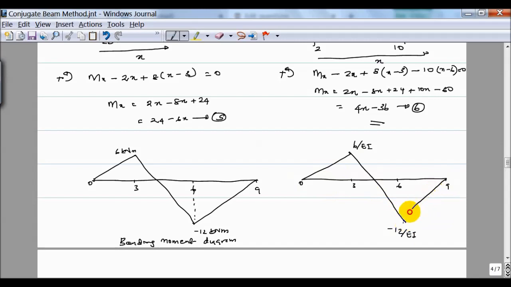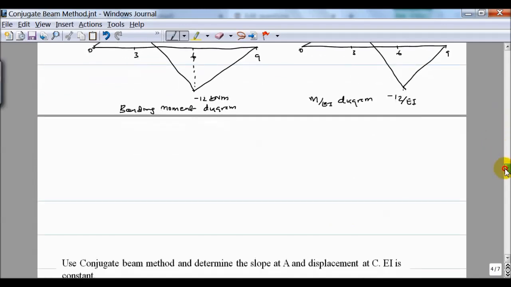Now this is an M over EI diagram. If I convert my actual beam to a conjugate beam, then this will be the load that I'll be applying on that beam.